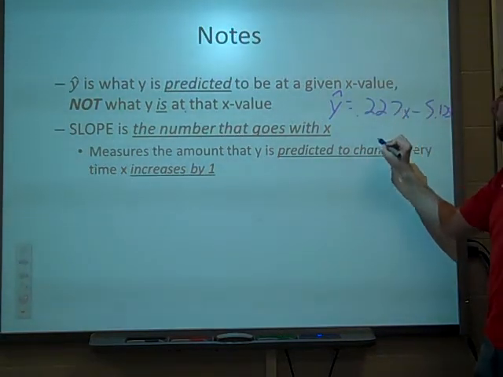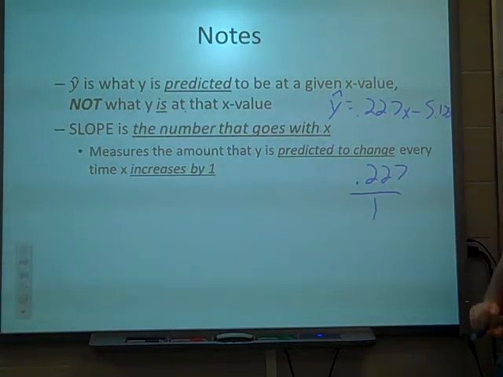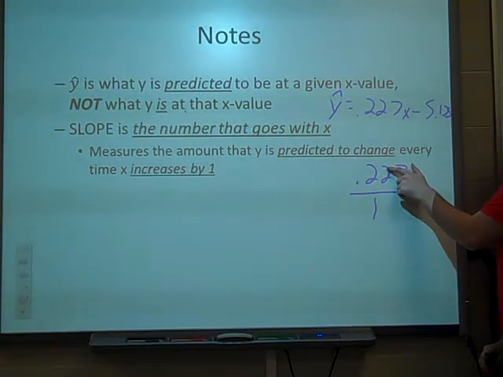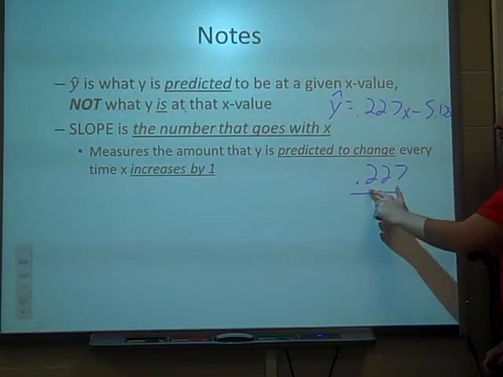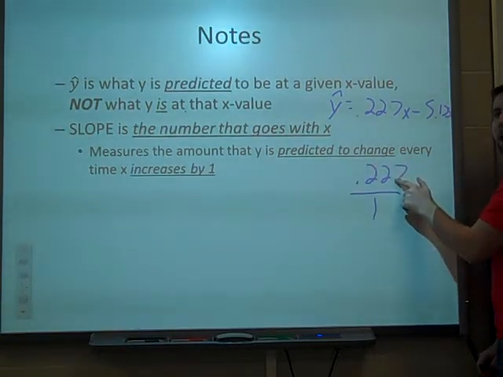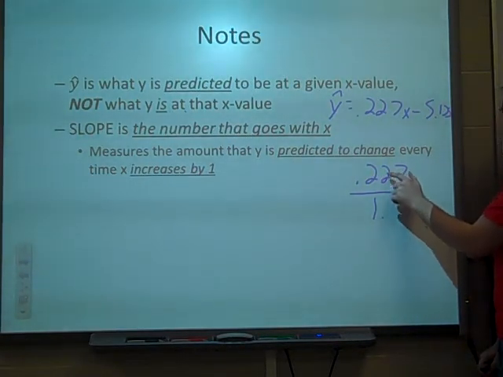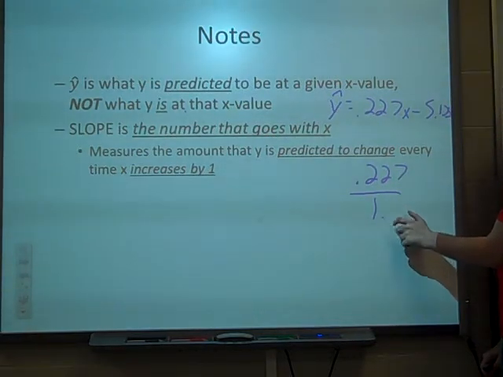So 0.227 is the same as 0.227 over 1, change in y over change in x, from Algebra 1. So y increases by 0.227. The foot length is predicted to increase by 0.227 for every 1 inch increase in height. Change in y over change in x, rise over run.